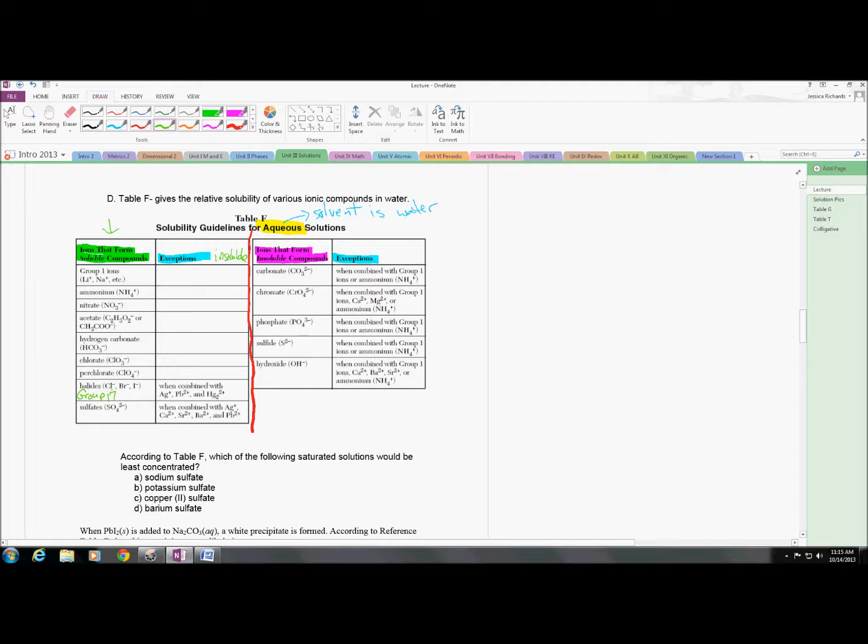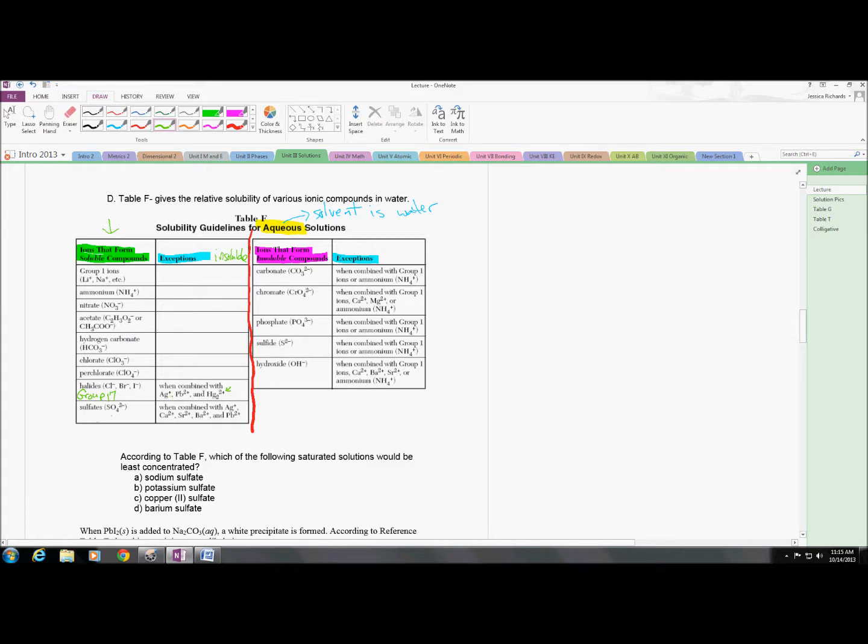So if it has chlorine, bromine, iodine for its negative ion, those are usually soluble. But if you have silver chloride, silver bromide, silver iodide, lead 2 chloride, lead 2 bromide, lead 2 iodide, or mercury 1 chloride, mercury 1 bromide, and mercury 1 iodide, notice that this is the mercury 1 polyatomic ion, then those compounds would be insoluble.